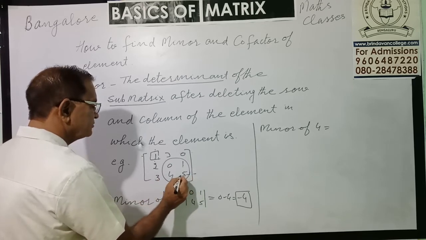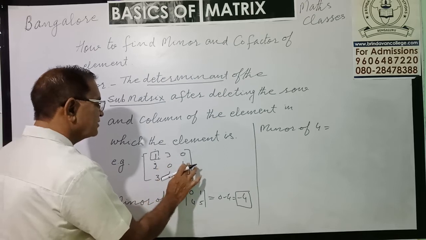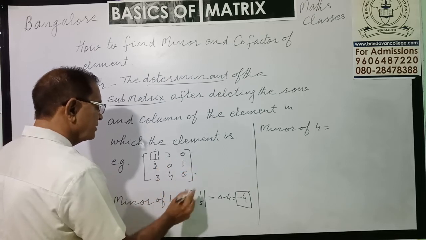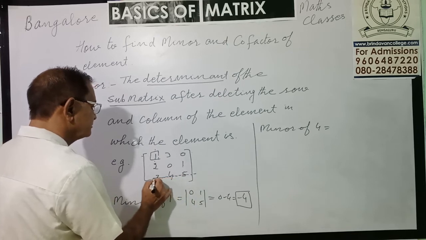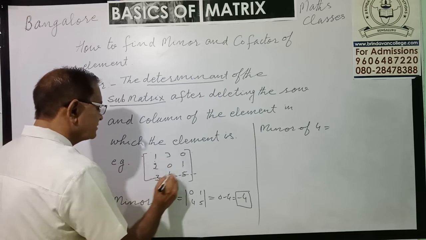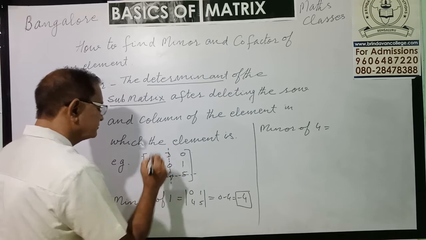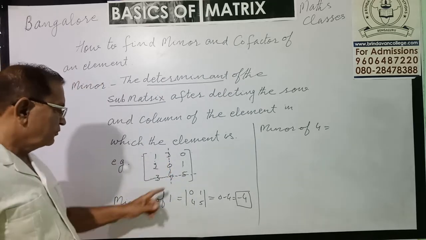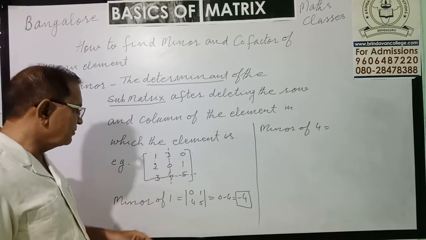Cut the third row. 4 is there in second column. Cut that column. 4 is there in third row, second column. Cut the third row, second column.